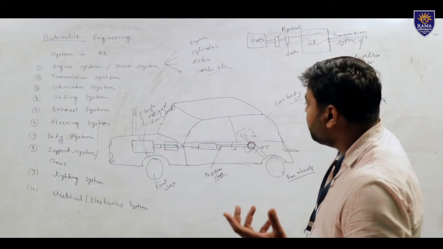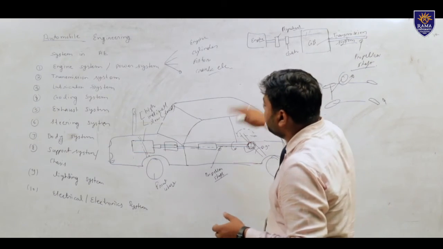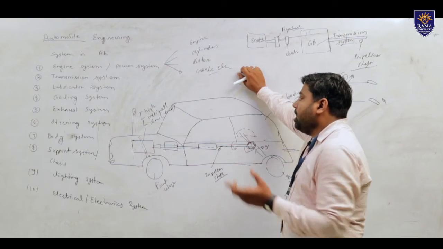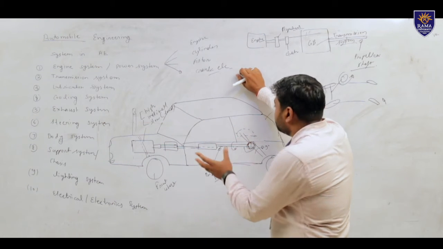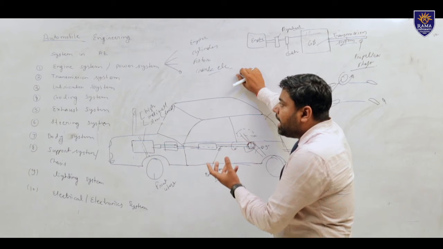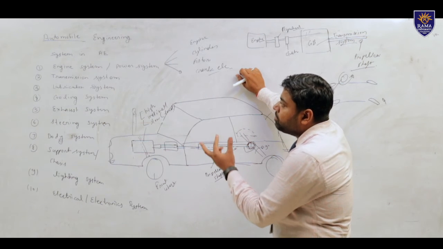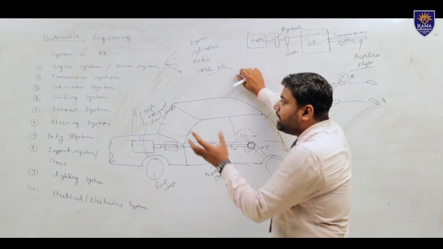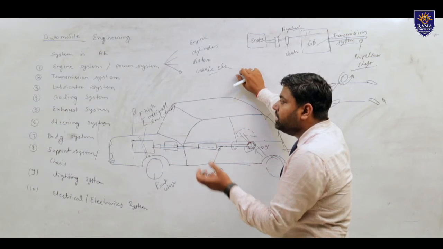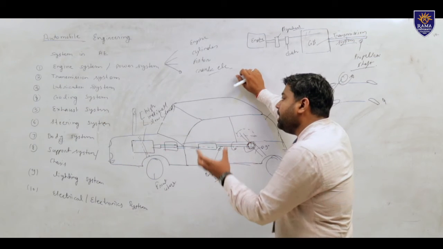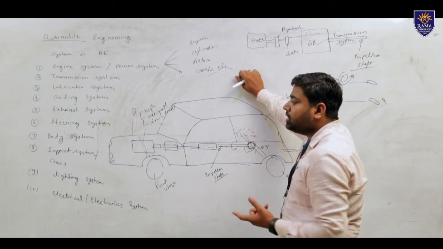Suppose the body is available, there is the body load, then the gearbox load, then the engine load, the transmission part load, lubrication load, cooling parts like the radiator, and the exhaust system and silencer load. Each and every part is supported by the chassis.